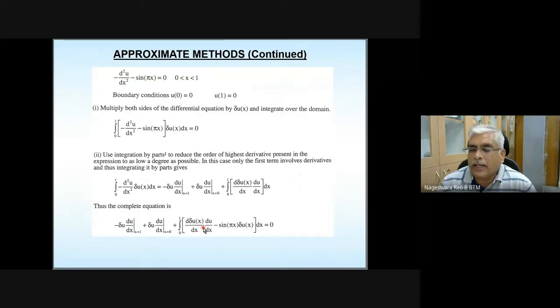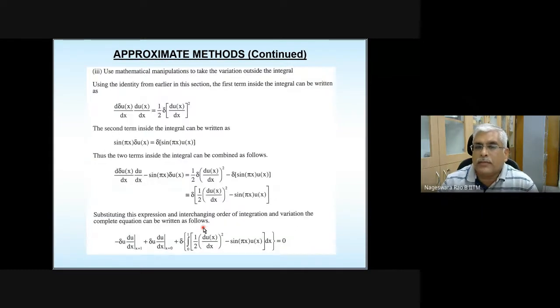This is what I'm saying. The first term is nothing but this one, and the second term is looking like f(x) times variation of u. f(x) times variation of u can be written as variation of f(x) times u. So the first term can be written like this, the second term can be written like this.